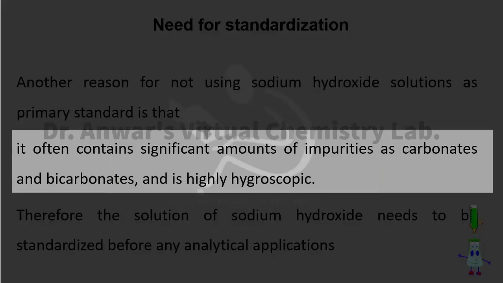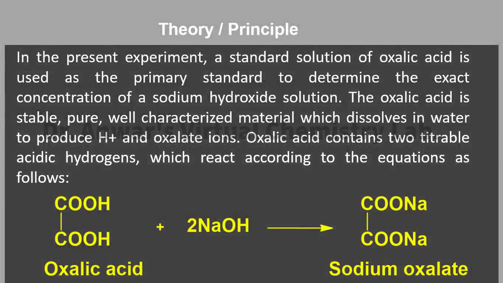Let us discuss the theory and principle of this reaction. In the present experiment, a standard solution of oxalic acid is used as the primary standard to determine the exact concentration of a sodium hydroxide solution. Oxalic acid is a stable, pure, well-characterized material which dissolves in water to produce H+ and oxalate ions.